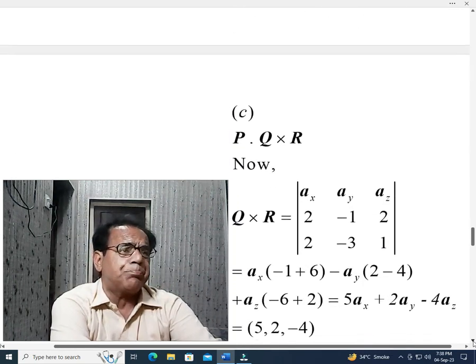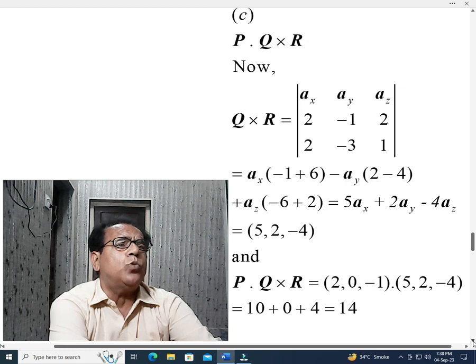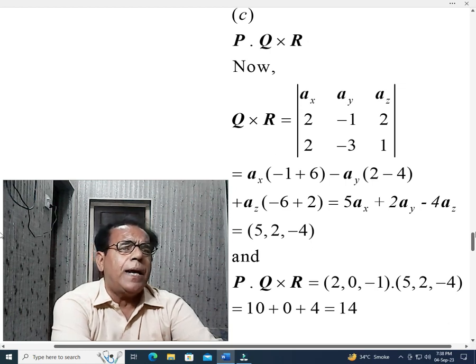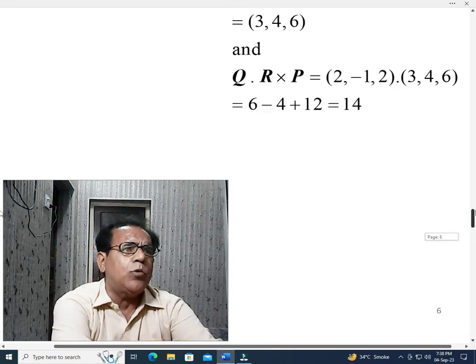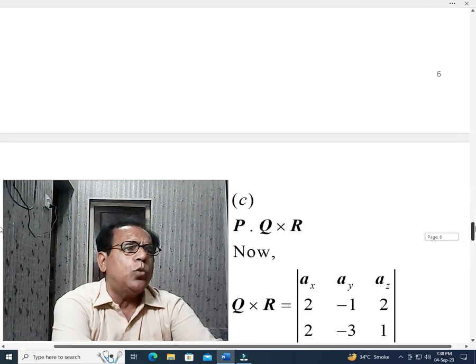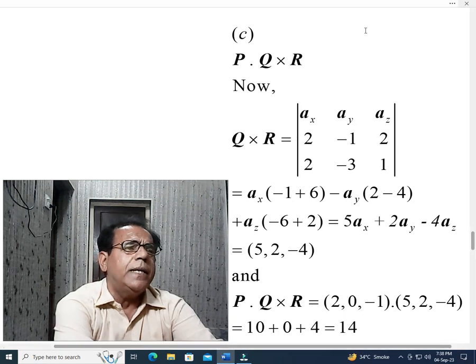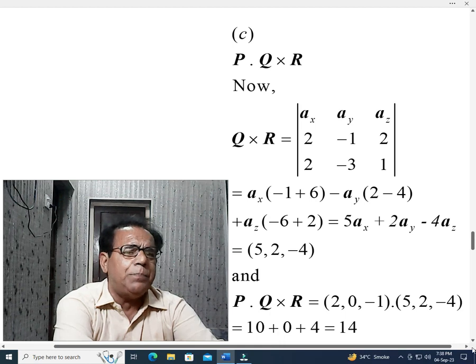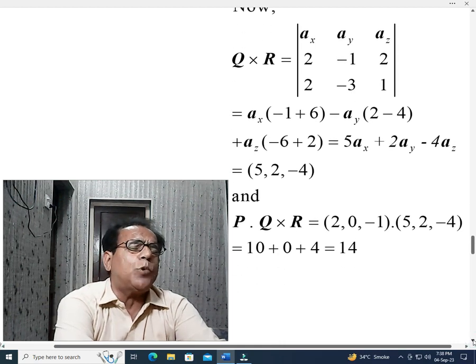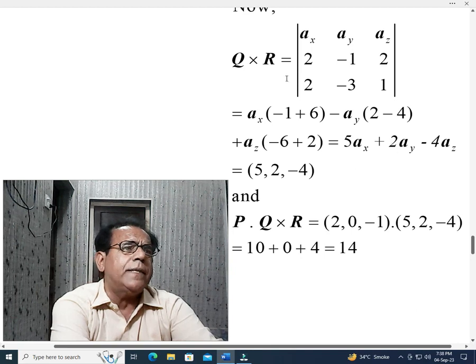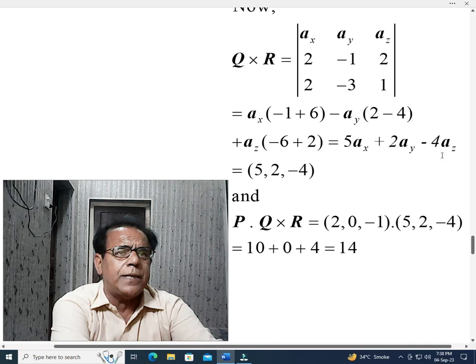Now part C, P dot Q cross R. Now Q cross R, I think perhaps we have already found out Q cross R. No. And Q cross R, ax ay will remain as usual, and these are the coefficients of Q, and these are the coefficients of R with ax ay, and hence keeping in view the concept of minors and cofactors, Q cross R becomes equal to 5ax plus 2ay minus 4az.